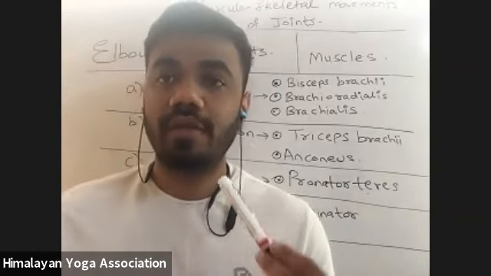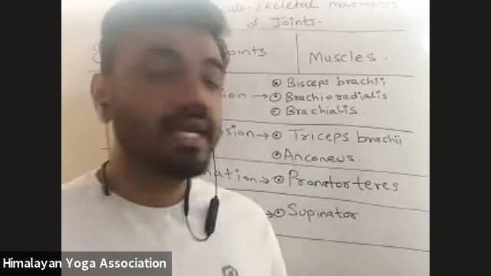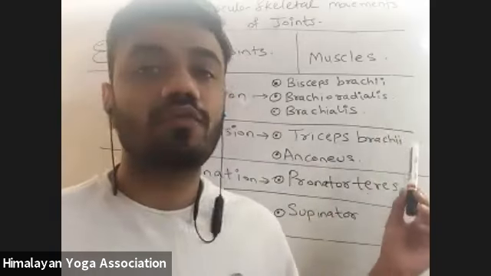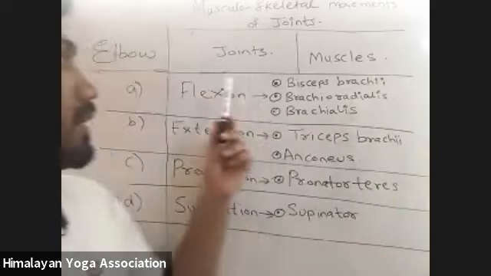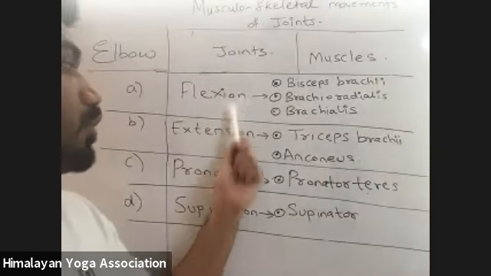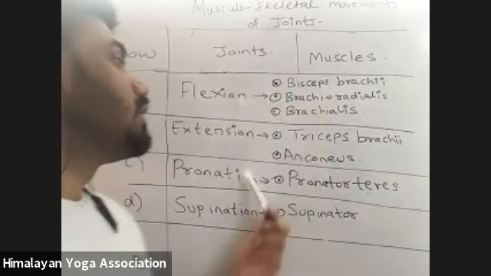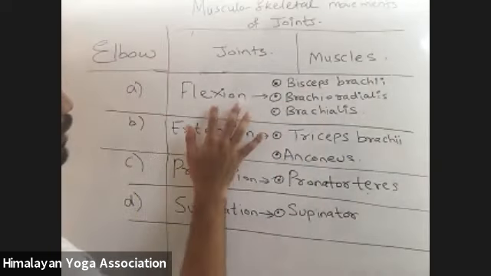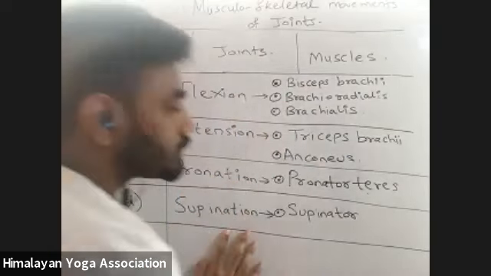While we, as an instructor, teach yoga and practice it with our students, it will be easy for you to remember all these muscles. But these movements of the joints, we should at least remember as a beginner yoga instructor. The elbow joint will move in flexion, extension, pronation and supination.